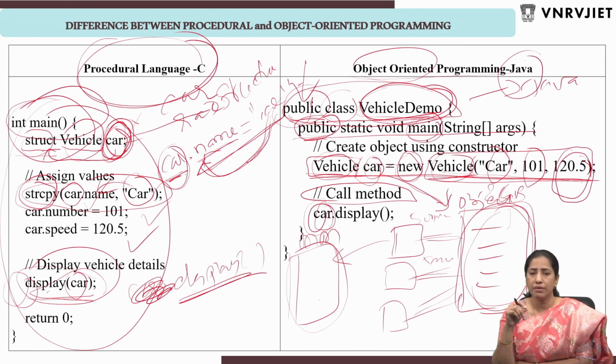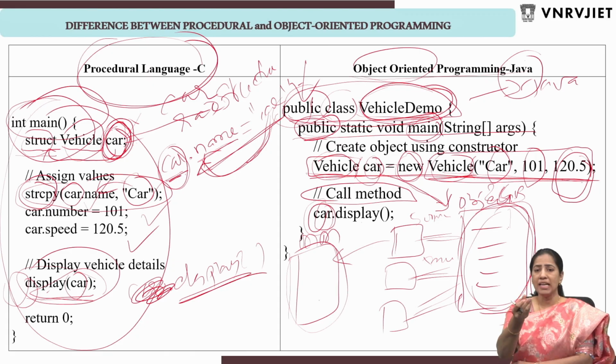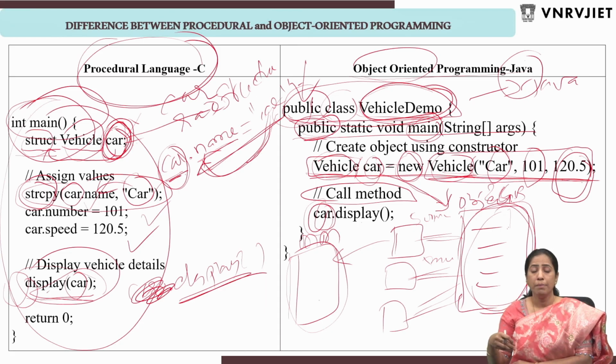But in C++, once you create a program, you can't run it on any hardware platform, because it does not convert the high-level program to bytecode. Whereas in Java, we convert the program from high level to bytecode to machine code. But in a C++ program, the compiler converts the high-level program directly to machine code.